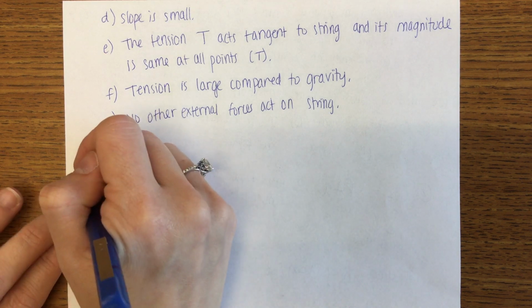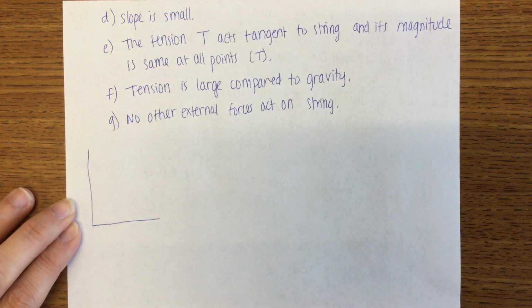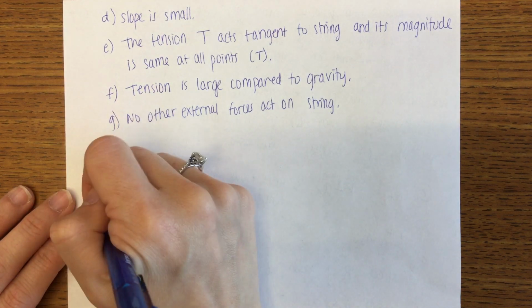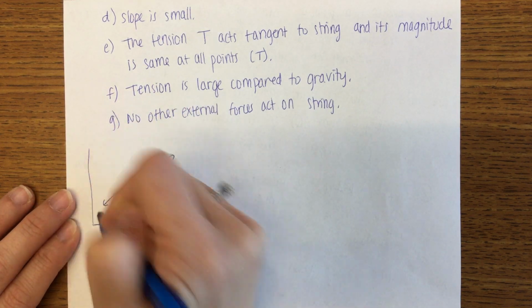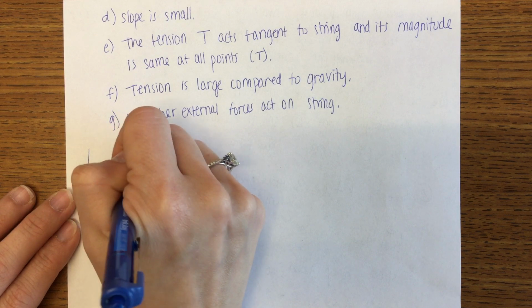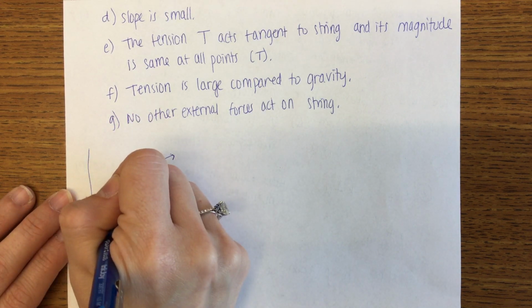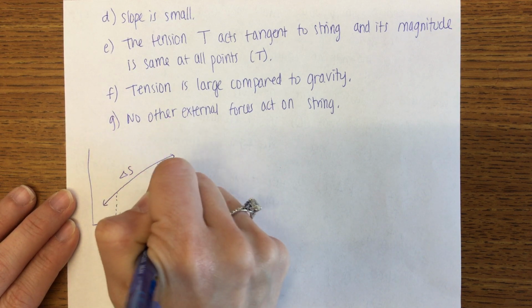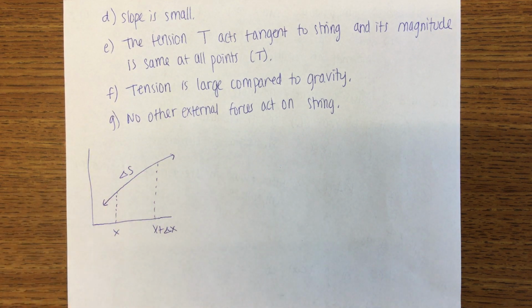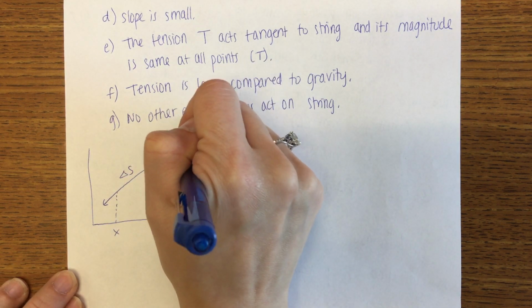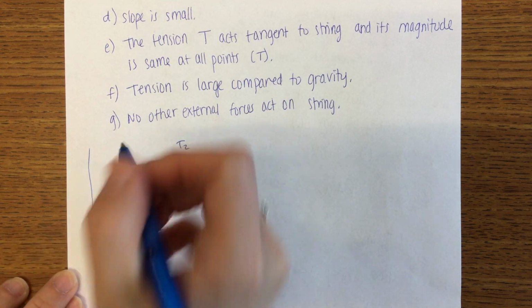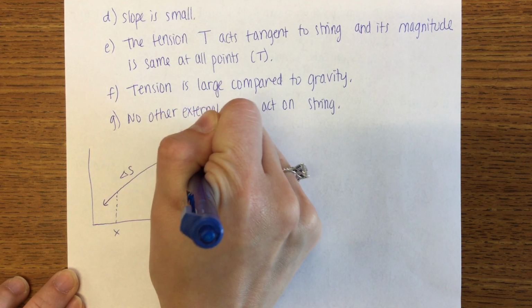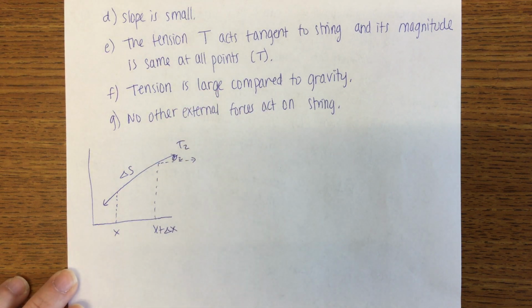Okay, so that little portion of the string, we're going to draw that out again. The black part that we call delta S. So it's going to be something like this, let's say. We called this delta S. And we said that one portion of this was x, and then we picked another point later on that we called x add delta x. Okay, we are going to call the right side tension 2. And we're going to need this angle here, which I'm calling theta 2.